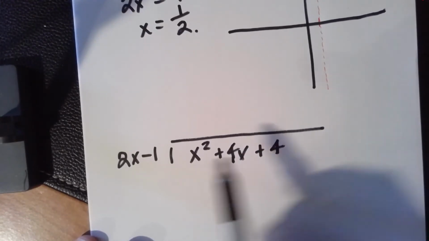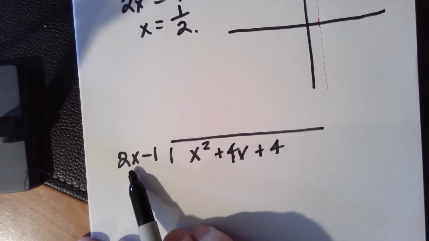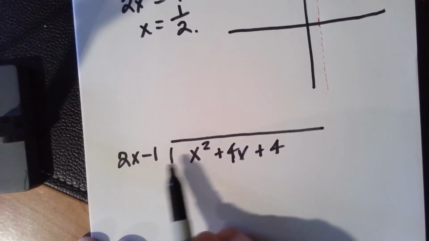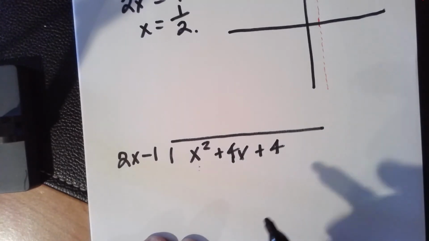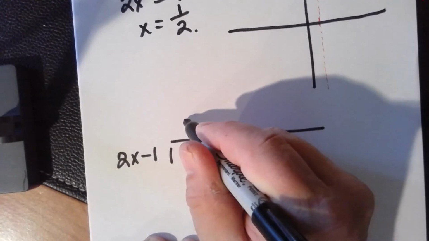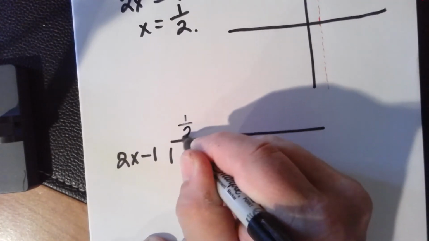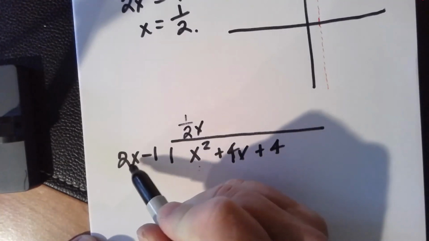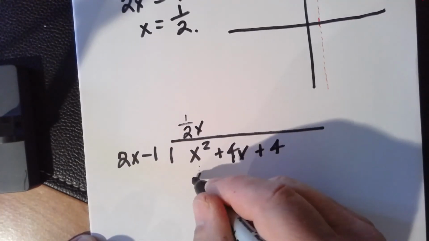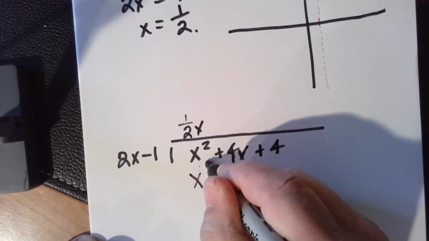So I have to ask myself, what do I multiply 2x by to get x squared? What I need is a 1/2 x, because 1/2 x times 2x is x squared.